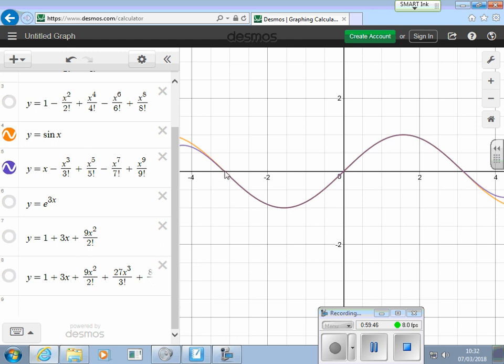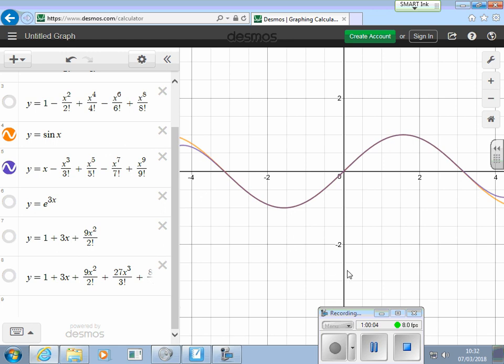Because if we integrate between plus pi and minus pi, we're going to get a fairly close estimate of the integral, whether we use the actual function or the power series.